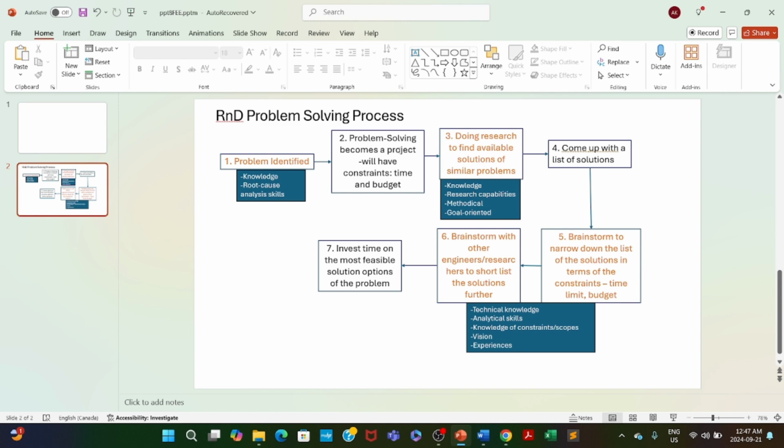So that's it. So this is basically the R&D problem solving process.